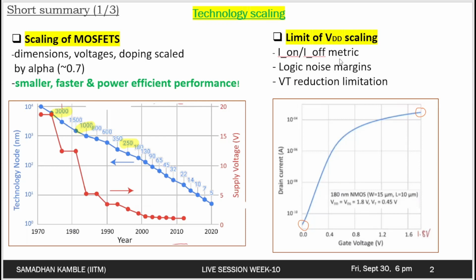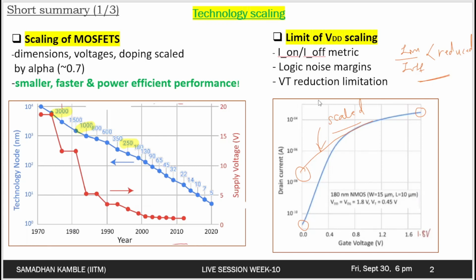Once we scale by the alpha factor, which is around 0.7, you can see that the I on by I off is reduced, and that is not a desirable property.